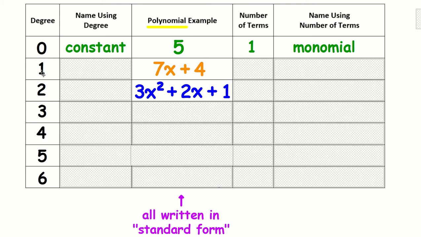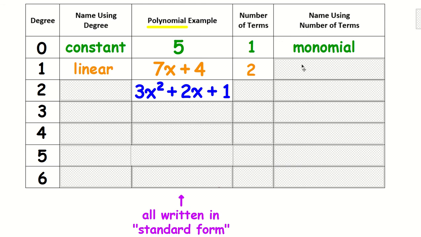If the overall degree is 1, like this orange one, we can describe it as linear. So that's a new word. And then how many terms are here? There's 2. So if we call something with one term a monomial, we call something with 2, again, it's all polynomials, but we can get a little more specific sometimes.